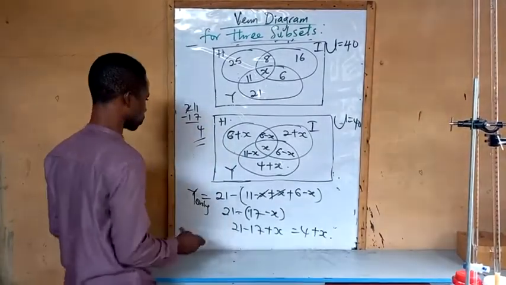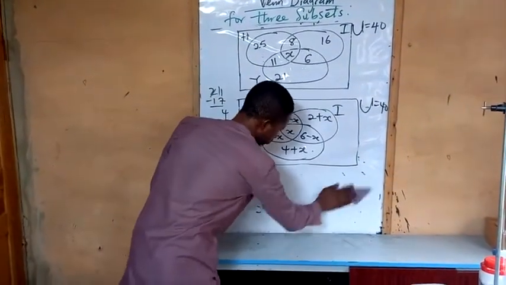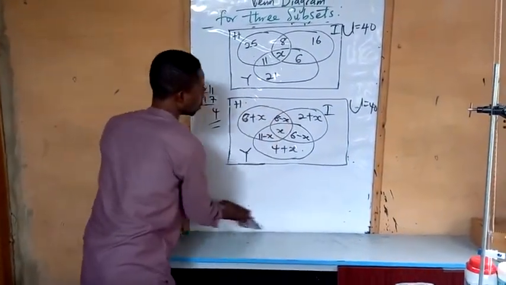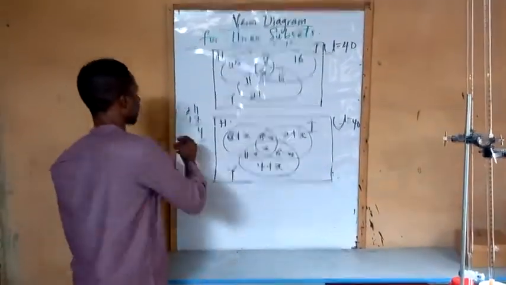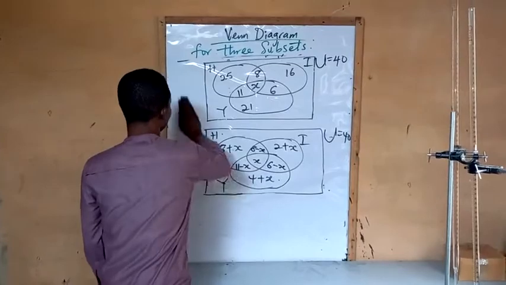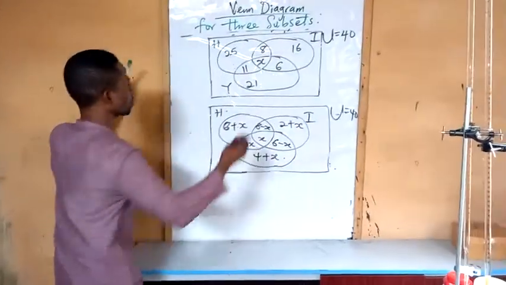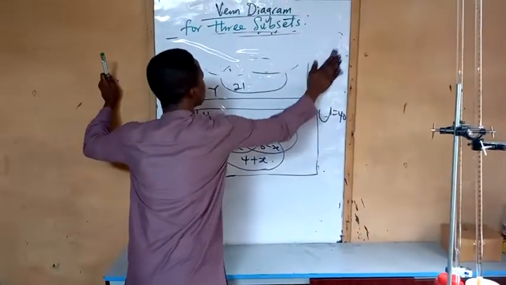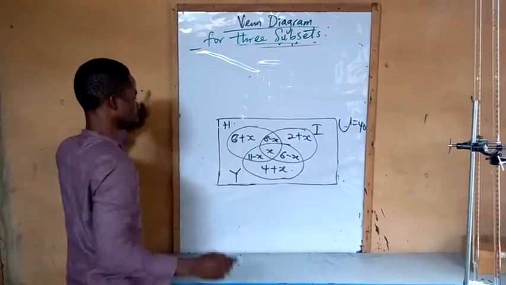Okay, now that we have done this, they ask us to find the value of X. You know, the addition of everything will surely give us the universal set. So I'm going to write that down.